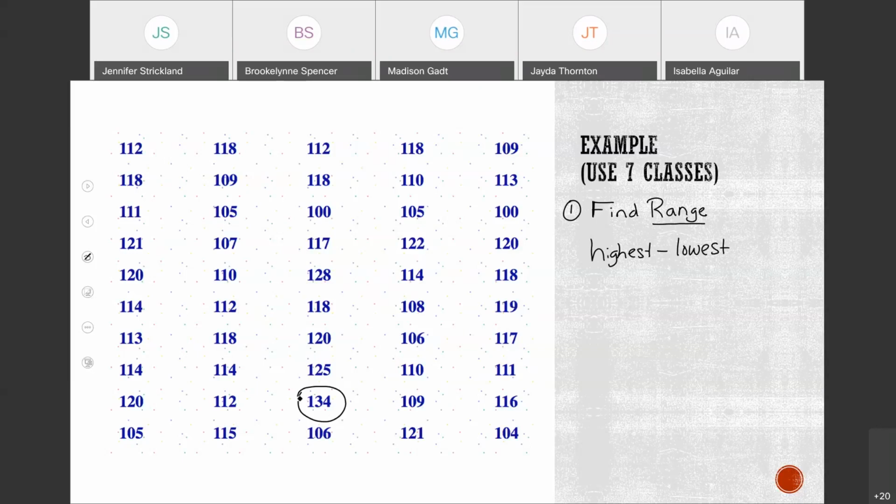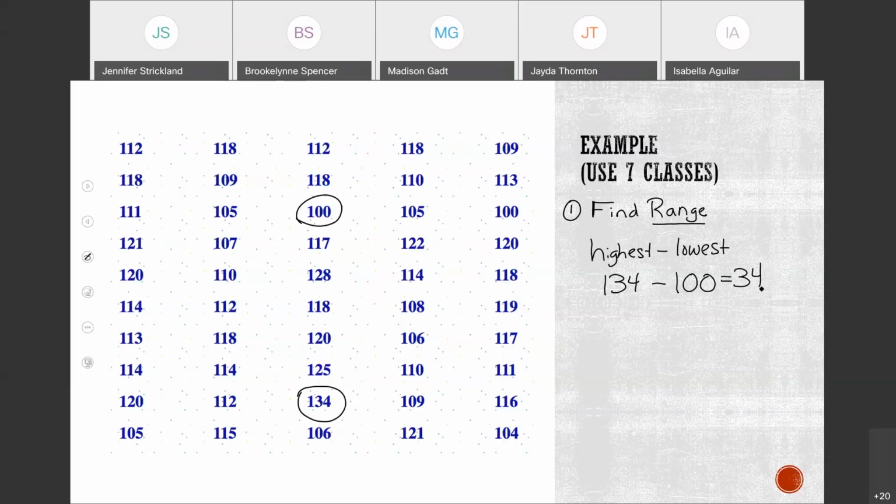So 134 is the highest. And then for the lowest, 100. Good, thank you. I don't see anything lower than 100. So I'm going to subtract those two numbers, and that's going to give me 34 for the range.